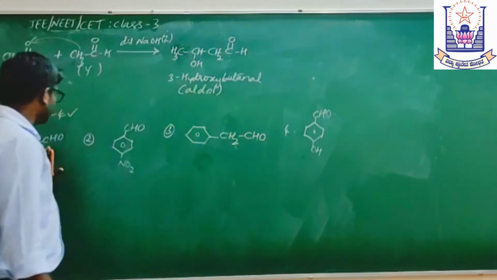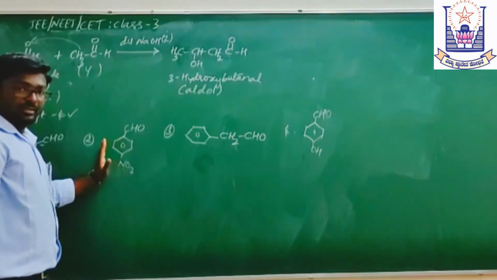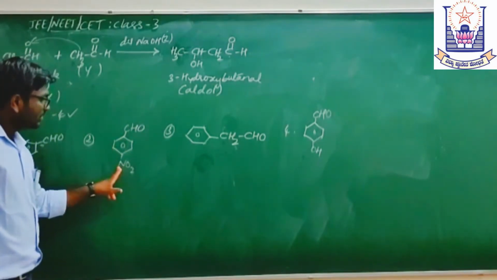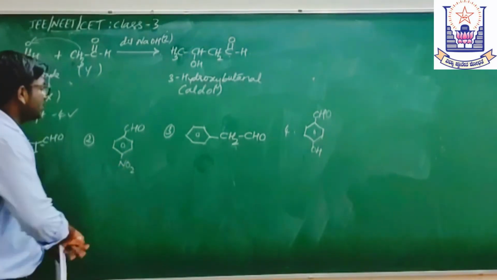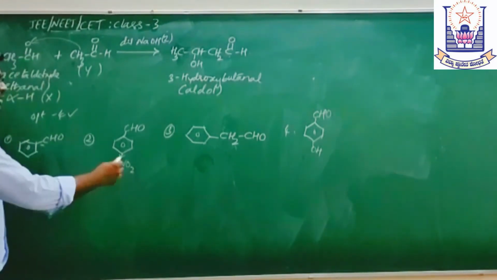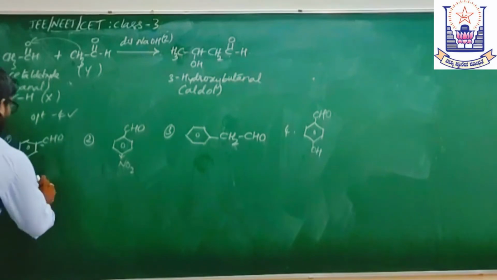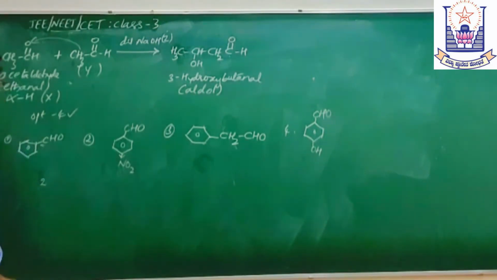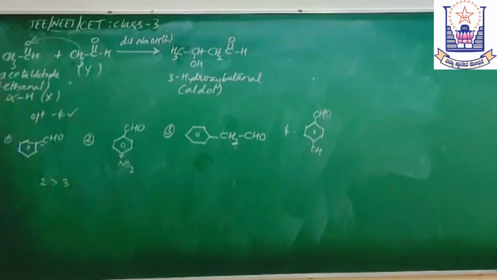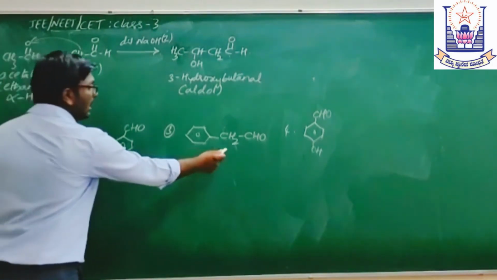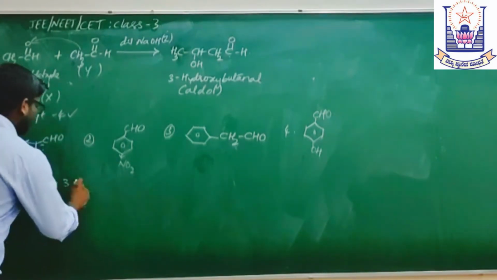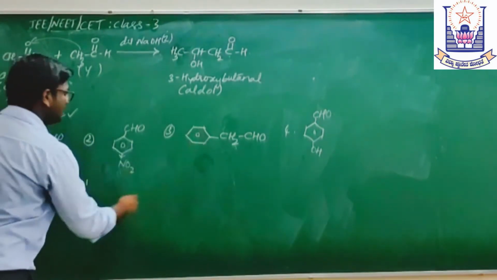will be the least reactive. Out of all these, firstly this one will undergo due to the presence of the electron withdrawing group. When you write the order of reactivity, option 2, that is para-nitrobenzaldehyde, then compound 3, because it is an aliphatic aldehyde, then the simple aromatic aldehyde 1, then the 4th.